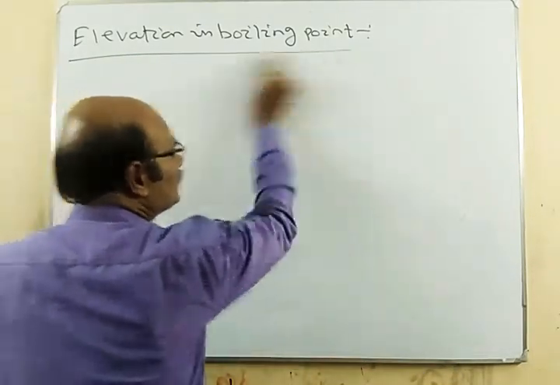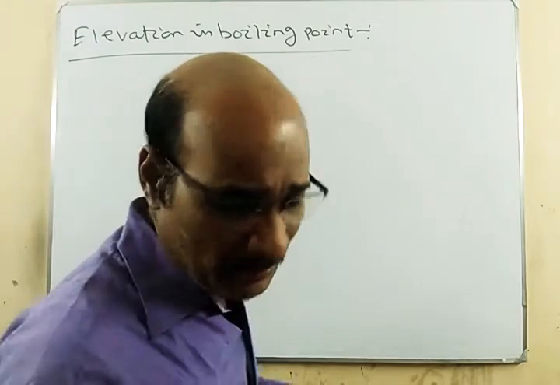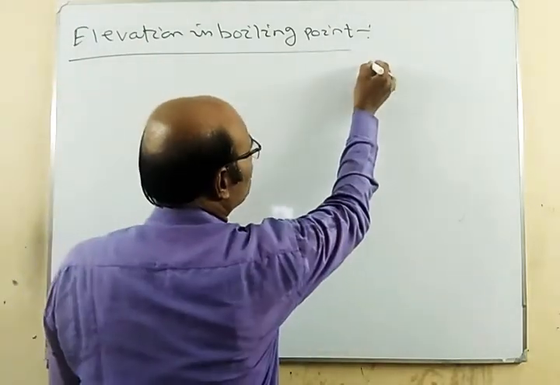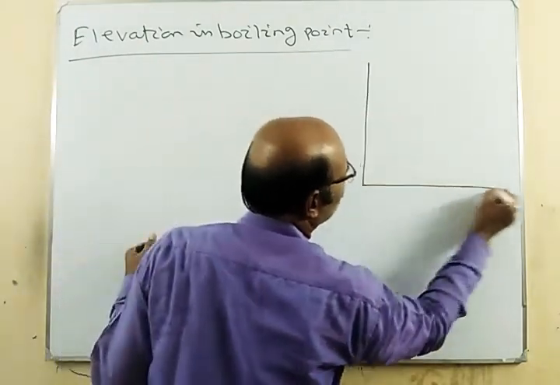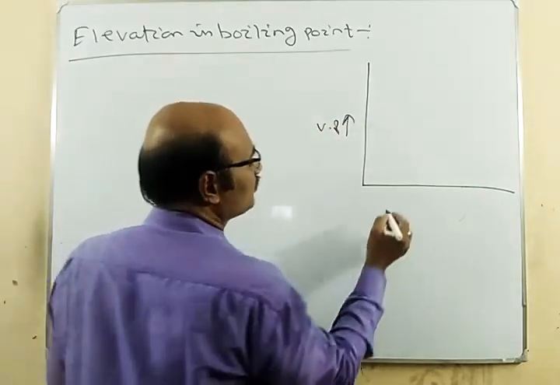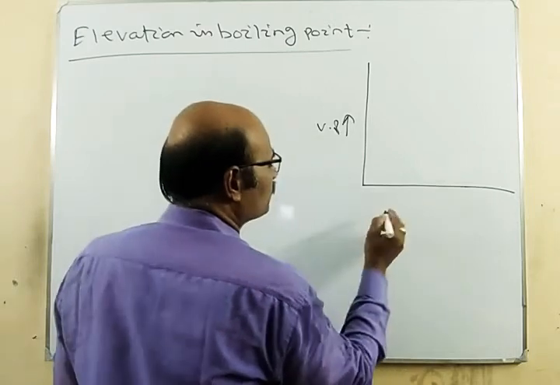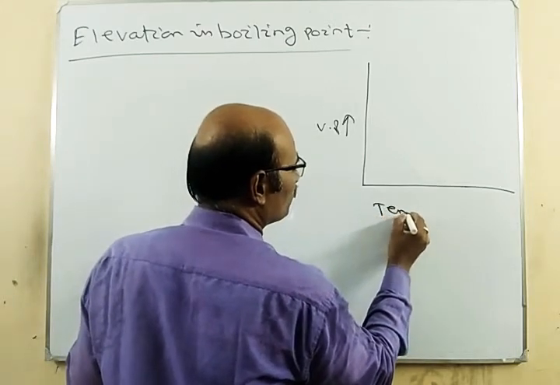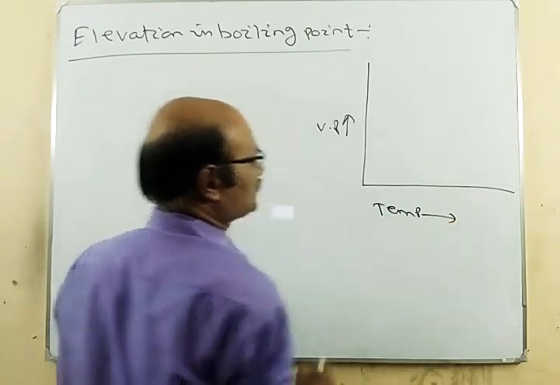Suppose we draw a graph here. We will take vapor pressure on this axis and temperature on this axis.